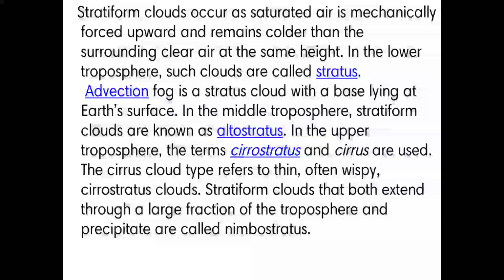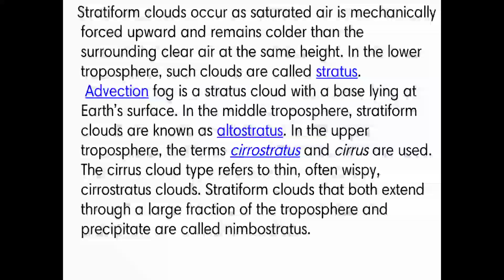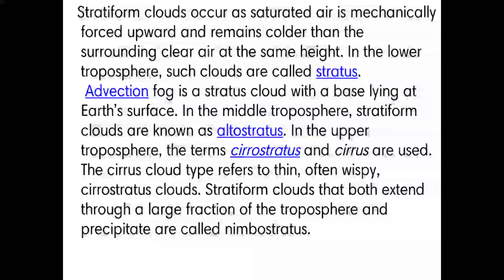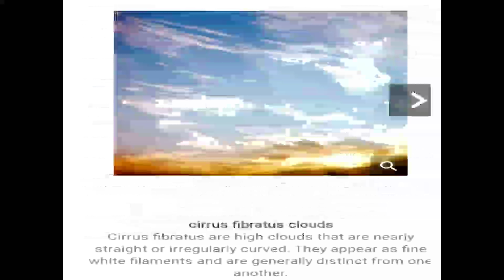In the middle troposphere, stratiform clouds are known as altostratus. In the upper troposphere, the terms cirrostratus and cirrus are used. The cirrus cloud type refers to thin, often wispy clouds. Stratiform clouds that both extend through a large fraction of the troposphere and precipitate are called nimbostratus.